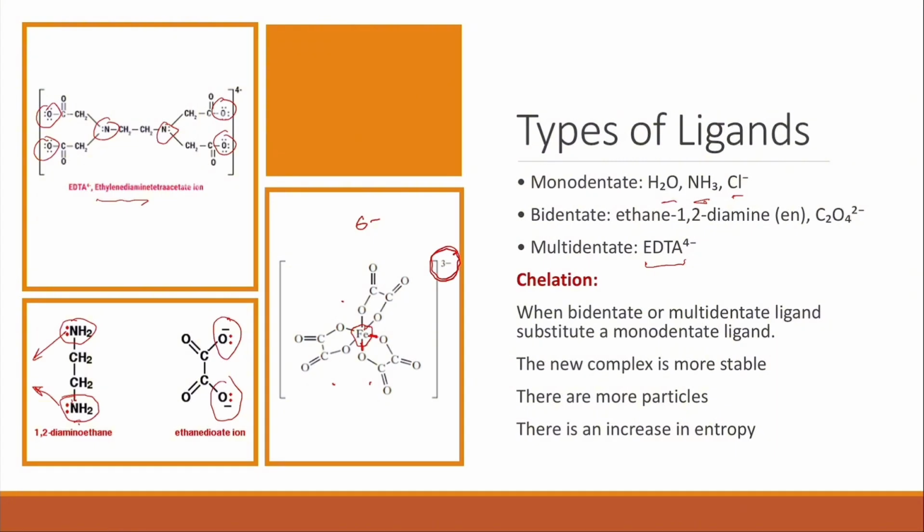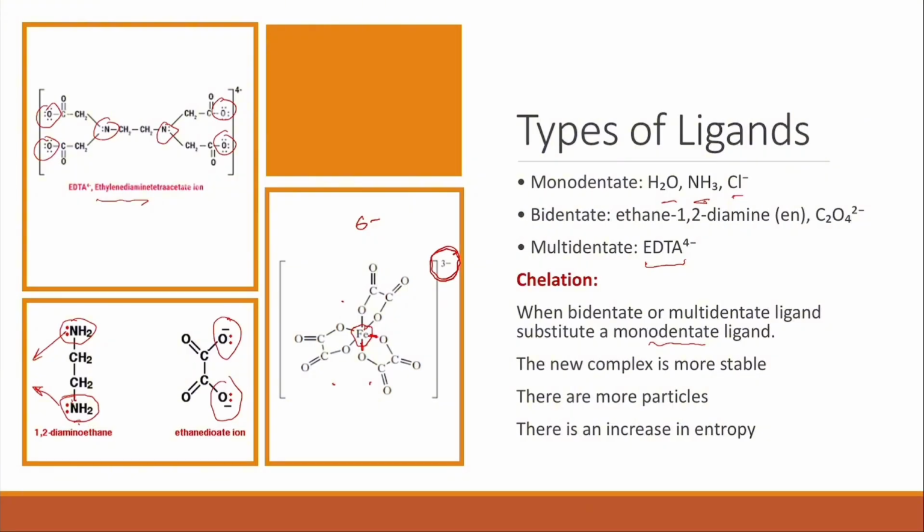The displacement or replacement of the monodentate ligand with a multidentate or a bidentate ligand is called chelation. So chelation is when a bidentate or multidentate ligand substitutes or replaces a monodentate ligand around a central ion. And now the new complex that is formed will be more stable.